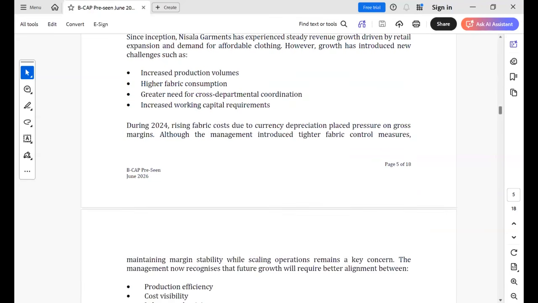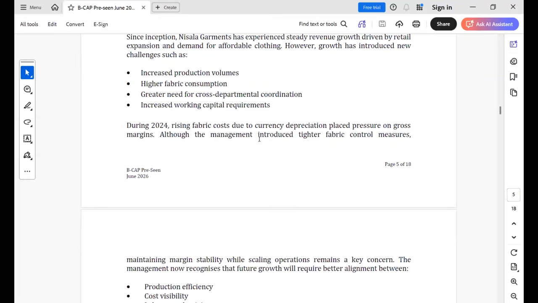So then during 2024, rising fabric cost due to currency depreciation placed pressure on gross margin. Right. That is because they are importing raw material fabric. Because in Sri Lanka, our functional currency is the Sri Lankan rupee, whereas if you want to import, you have to convert the rupee into dollars. Right? So let's assume if today $1 equals 300 rupees, if you pay 300 rupees, you can import $1 worth of raw material.